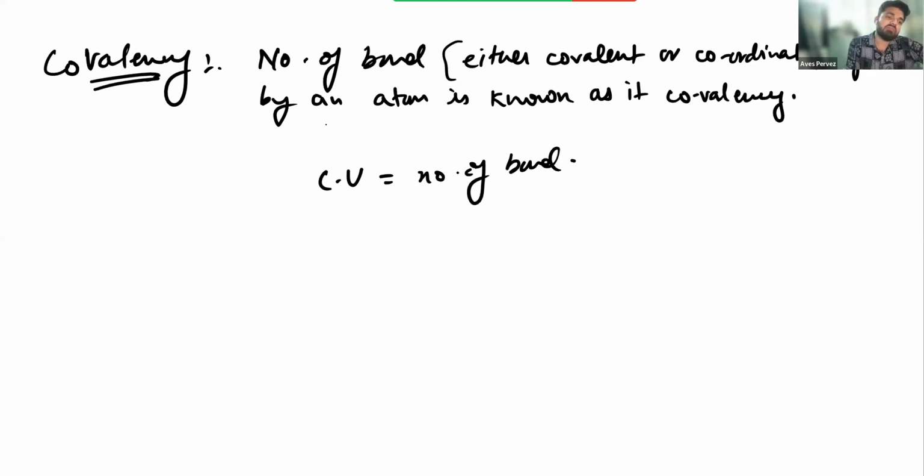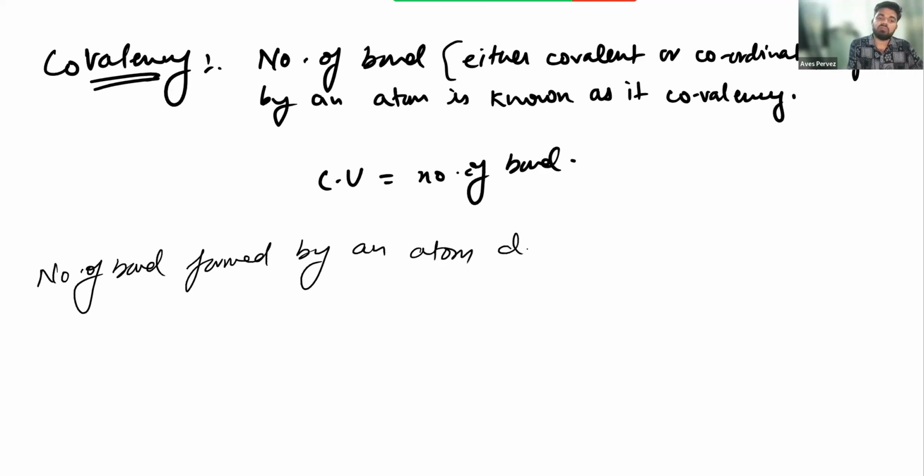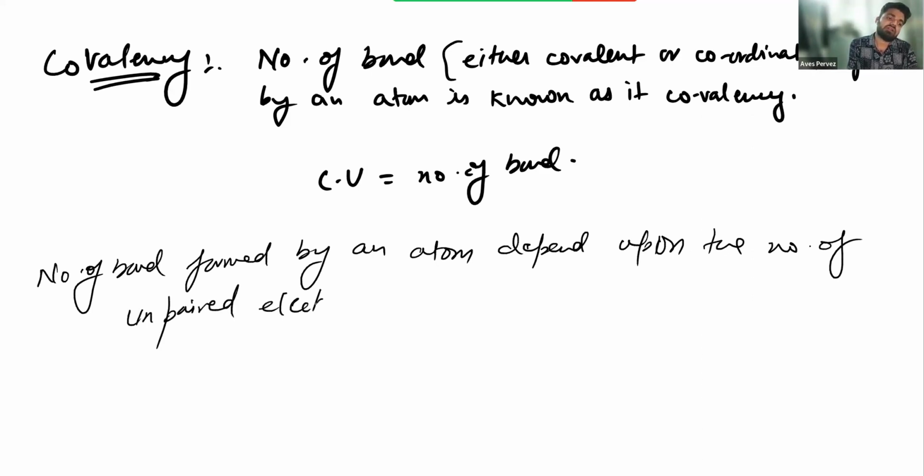And how many unpaired electrons are present in an atom? We can say that covalency, or the number of bonds formed by an atom, depends on how many unpaired electrons it has. Okay, so the number of bonds formed by an atom depends upon the number of unpaired electrons.